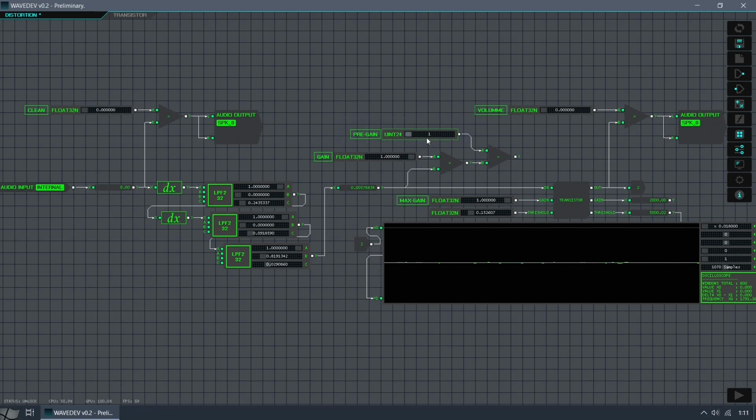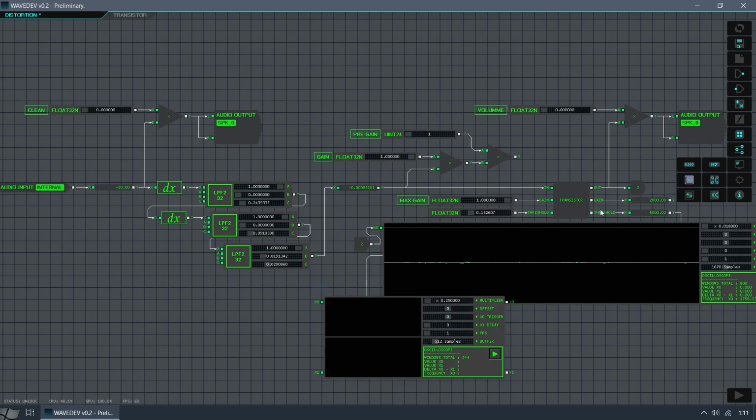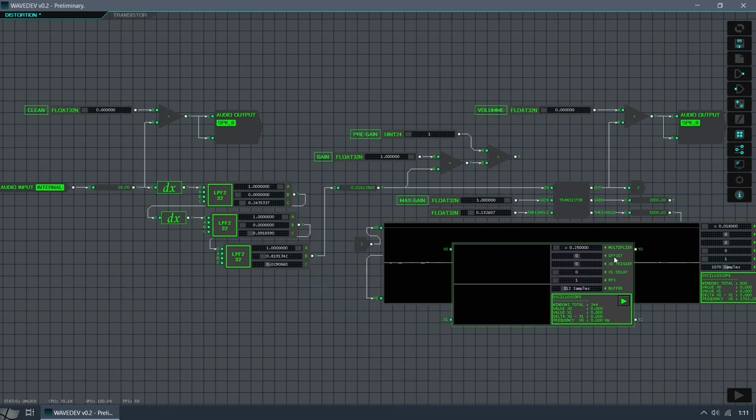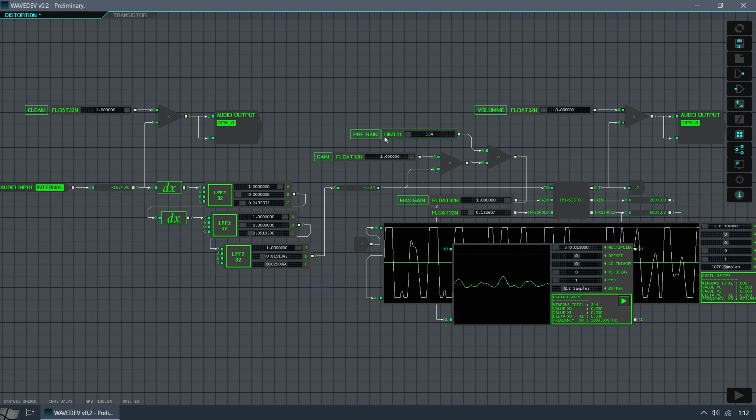To find this value we will use the oscilloscope. I will show the input signal of the amplifier and the threshold. As can be seen now, the signal is far from the threshold.